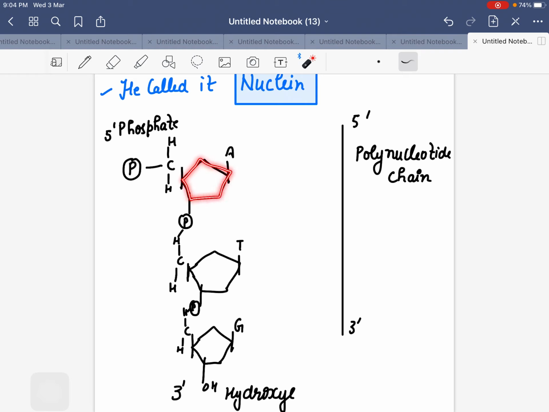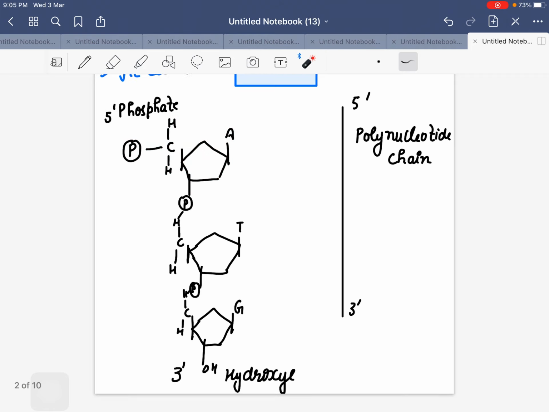देखो, we will make our sugar. Done. Number this 1 2 3 4 and this carbon 5 हमेशा रिंग से बाहर होता है. Now which nitrogen base is attached? First, nitrogen base is always attached on first carbon. So यहाँ पे एडेनिन, and on fifth carbon we have CH2, and with CH2 we have phosphodiester bond, that is your phosphate.